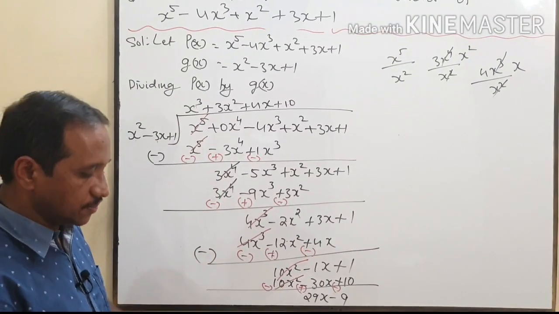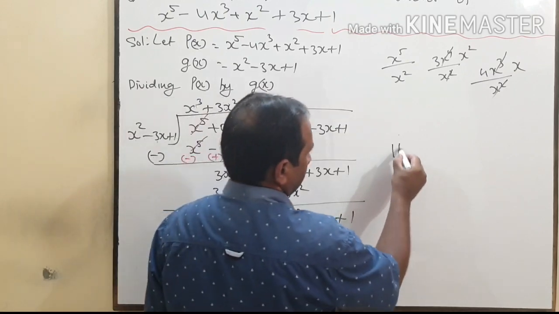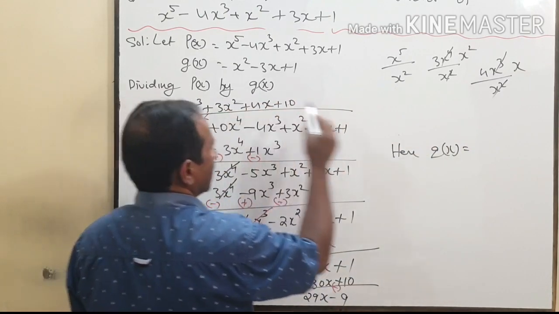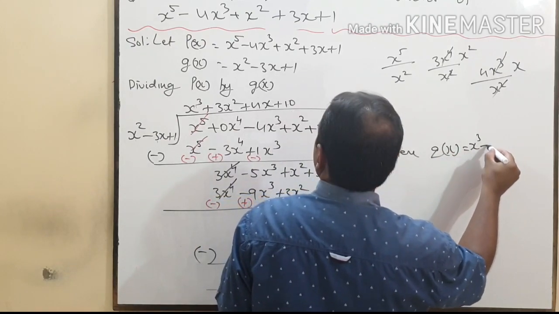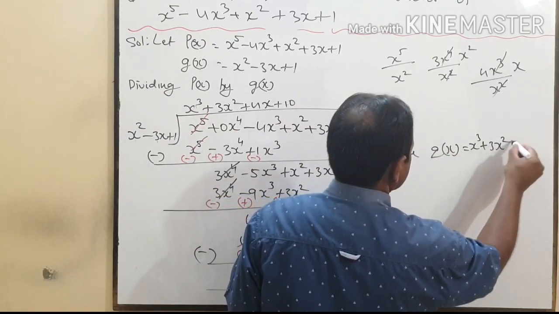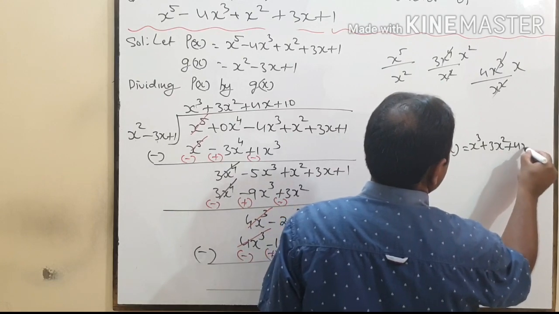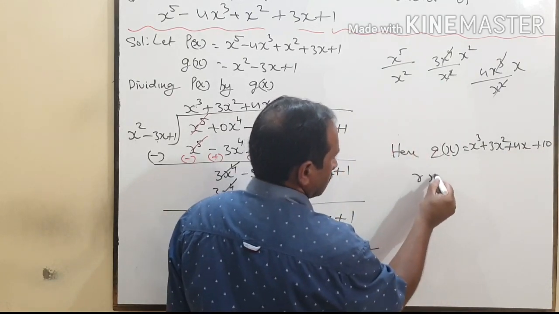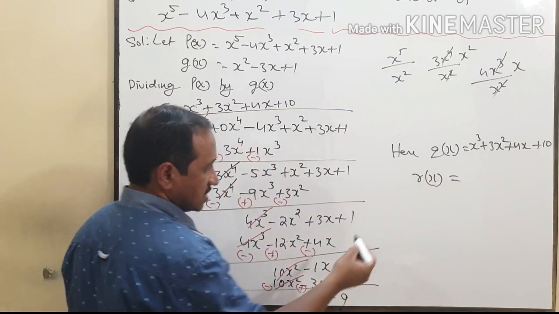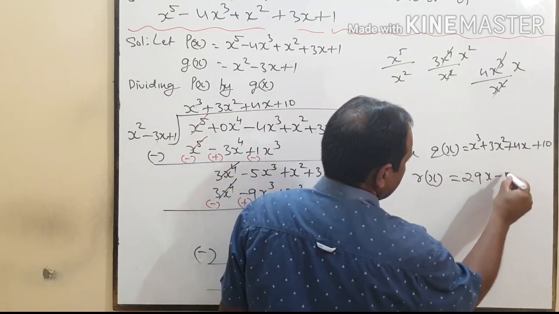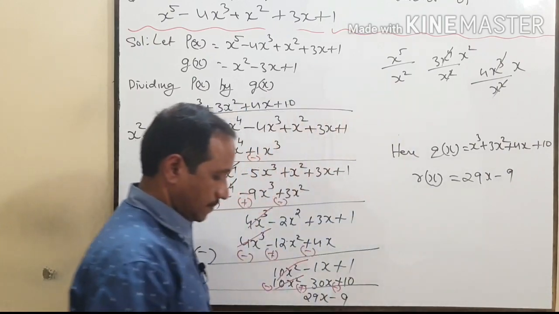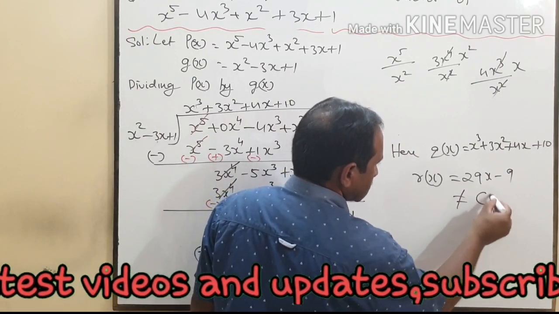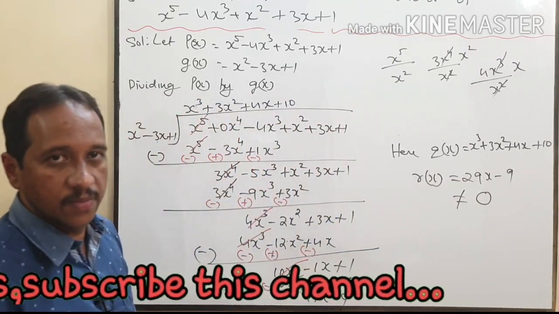So here the quotient polynomial is x cube plus 3x square plus 4x plus 10, and the remainder polynomial r of x is equal to 29x minus 9. You can see the remainder polynomial r of x is not equal to 0.